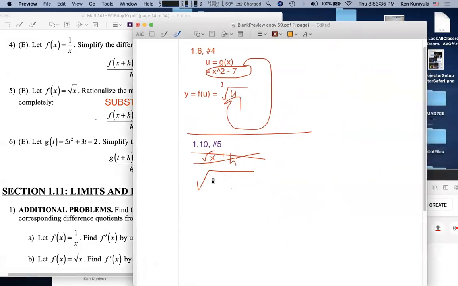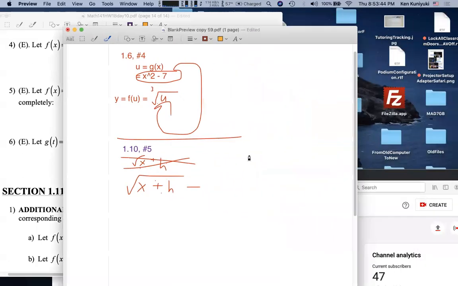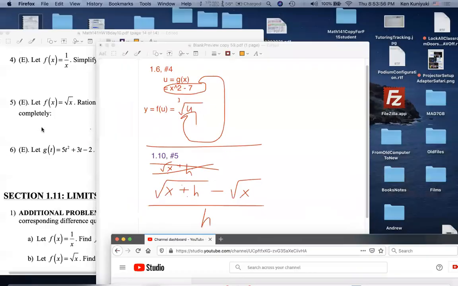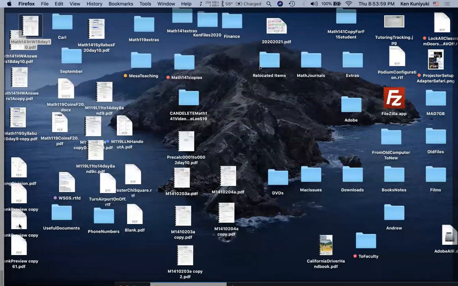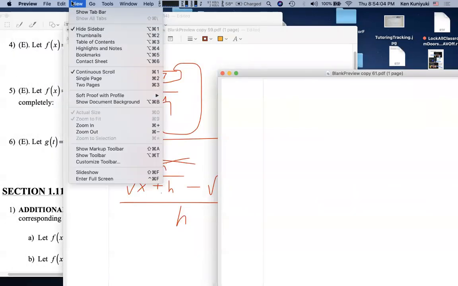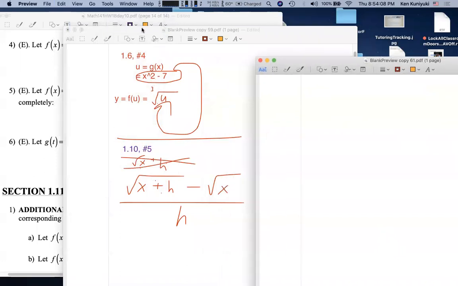So it goes the square root of x plus h minus f of x, over here is root x, all over h. Okay, so that's part of the battle right there.